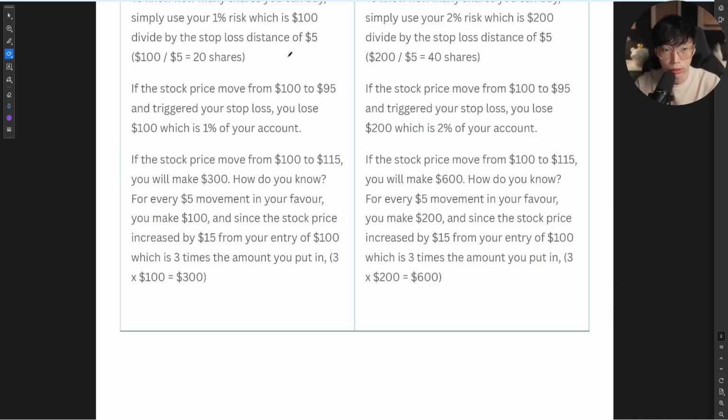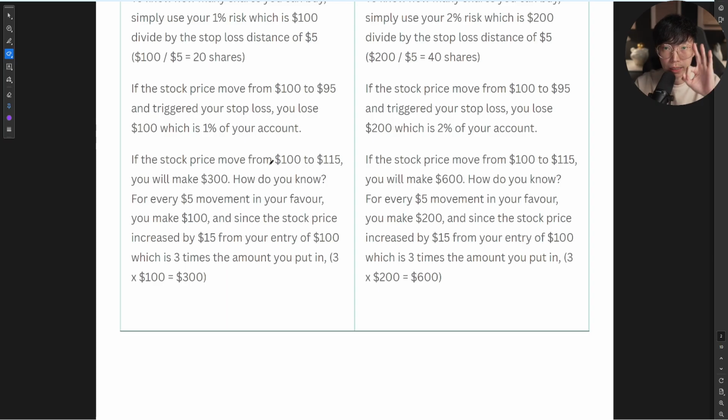Okay, so once you know that every $5 move is actually equivalent to $100 based on that 1% risk of your account, right? So let's say, for example, the stock you enter at $100 and you move all the way to $115. How much will you be making? So every $5 you make $100. The stock actually moved $15, right?